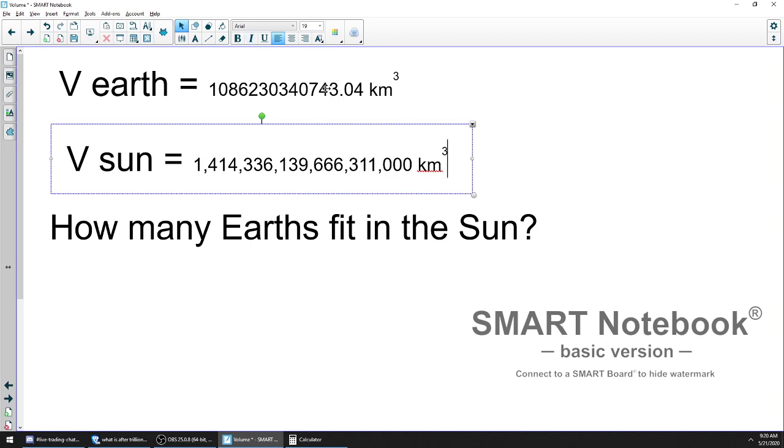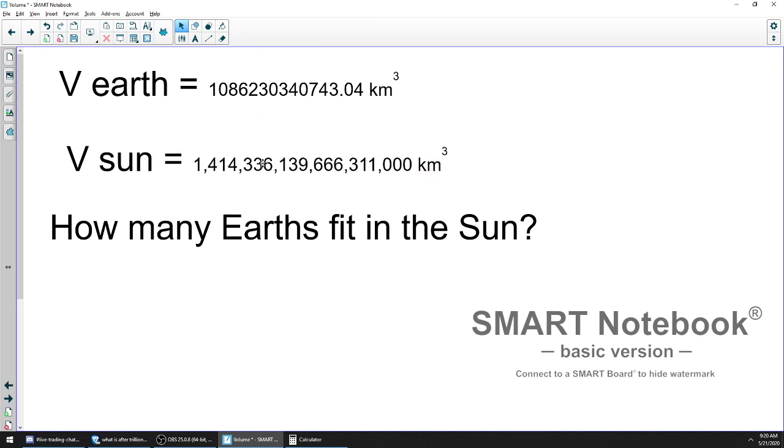So let's do it the opposite way, either subtraction or division. Now, what do you think is easier? Subtracting this from the sun every single time? Repeated subtraction? Probably not as efficient as division. So I'm going to divide these two numbers, and let's see how many Earths can fit inside a sun.